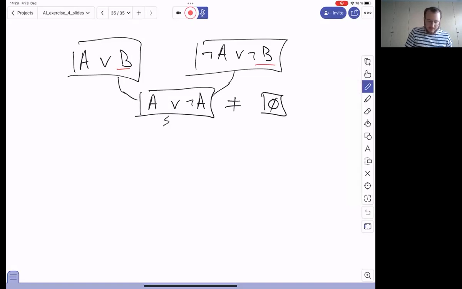This would have a completely different value. This would always be true. And if a clause becomes always true, then it's kind of useless because you cannot combine it with anything else afterwards. So I think you might have mistaken it with that.